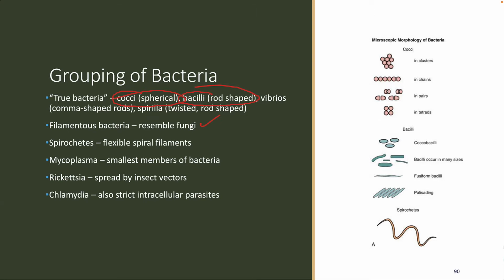We have spirochetes. Of course, the most famous spirochete of all is what? Treponema pallidum, which is syphilis, right? So spirochetes, very concerning. Syphilis, but also Lyme disease as well.